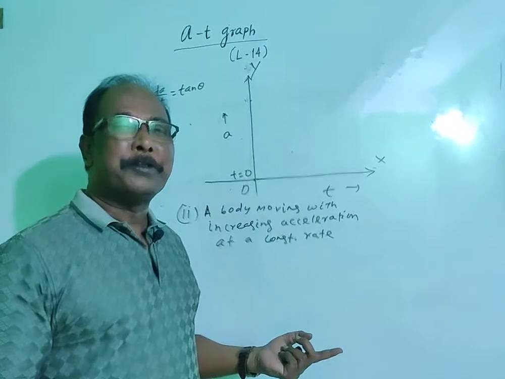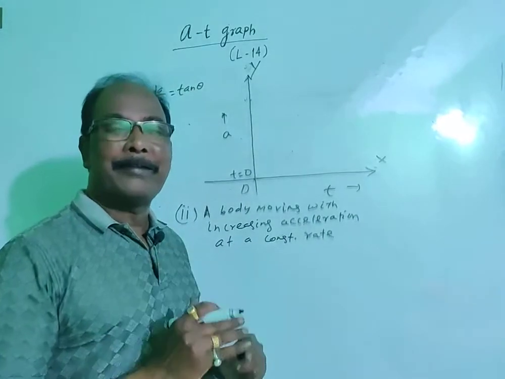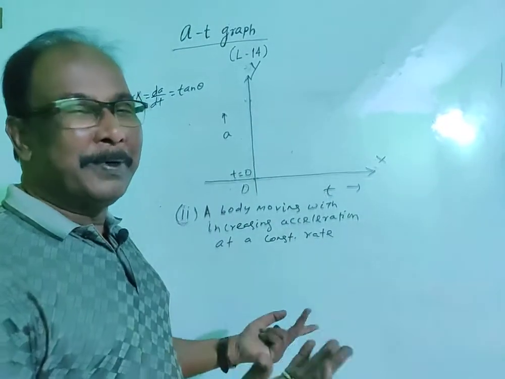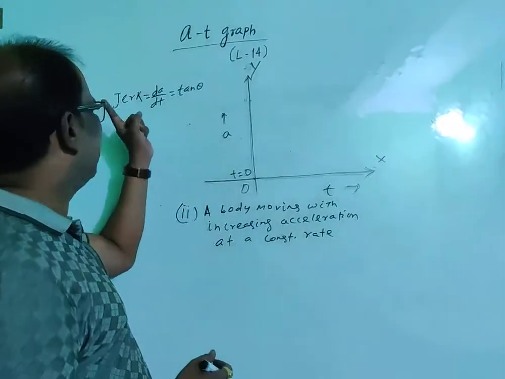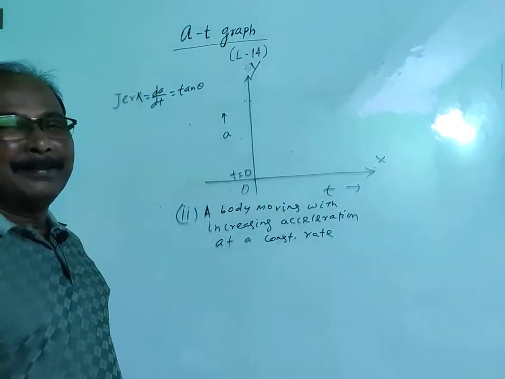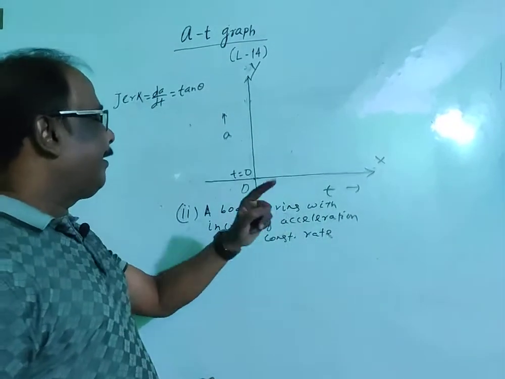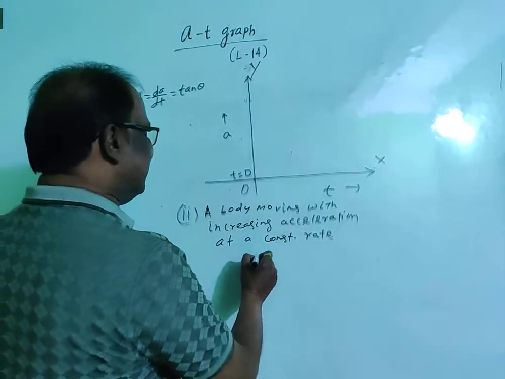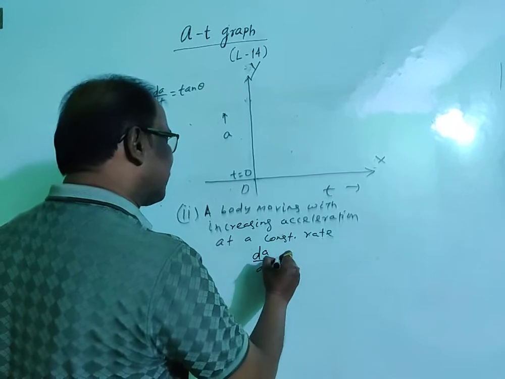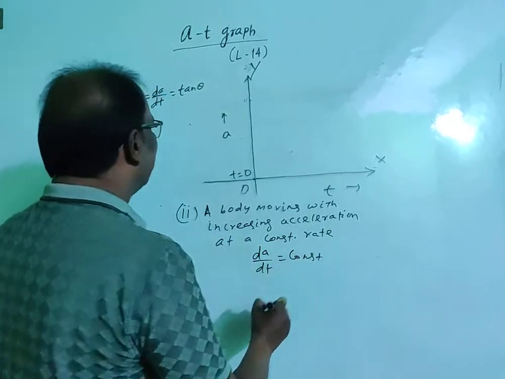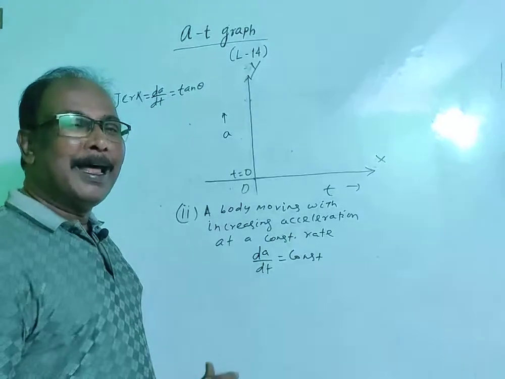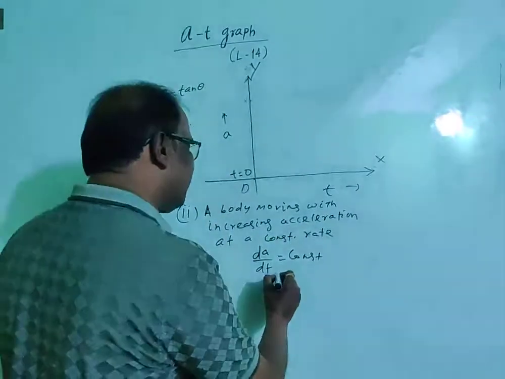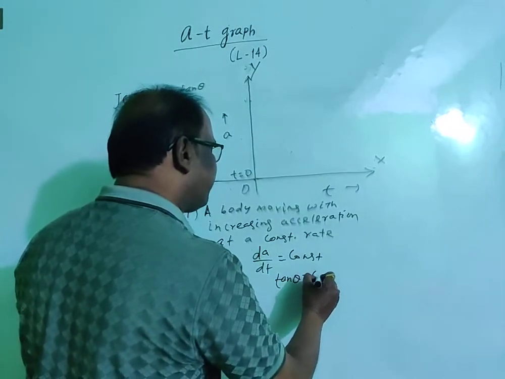Acceleration increases but at a constant rate, which means acceleration increases uniformly. Uniform increase in acceleration. So acceleration increases. Increasing acceleration at a constant rate means here dA by dt is constant. This is the rate of change of acceleration. Acceleration increases at a constant rate means dA by dt is constant, which implies tan theta is constant.